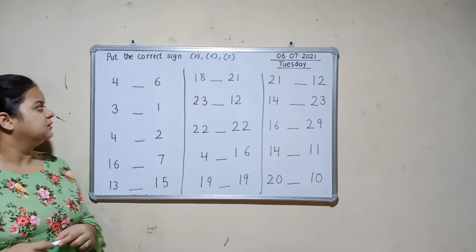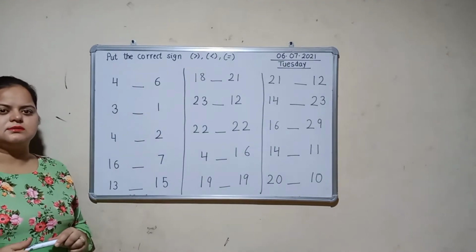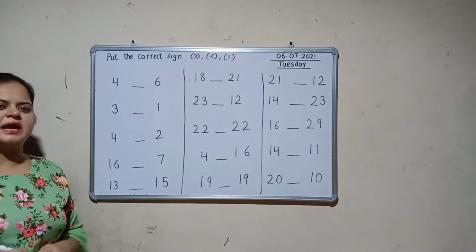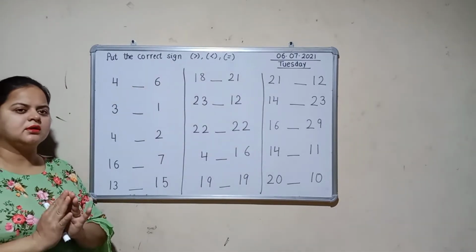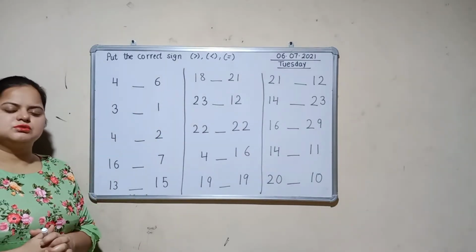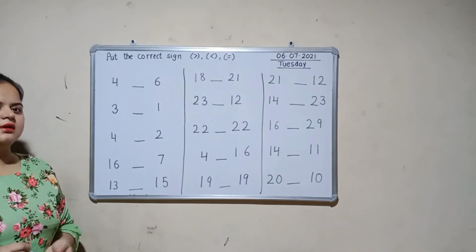Okay, now let's start from the first sum, 4 and 6. We have two numbers here, 4 and 6, and we have to compare them, which is greater and which is smaller. So how will we do it?